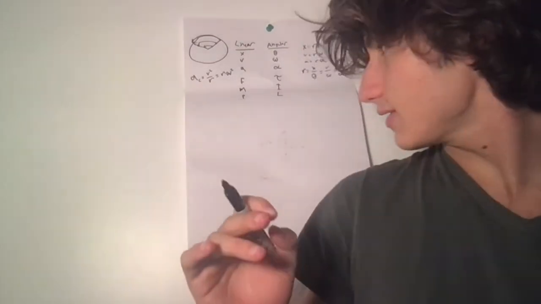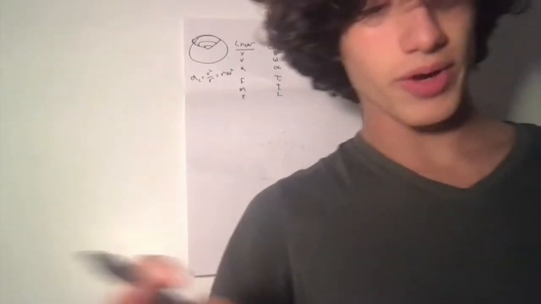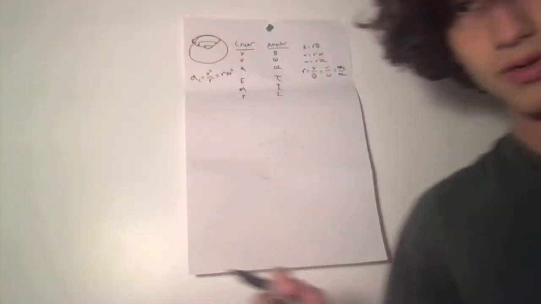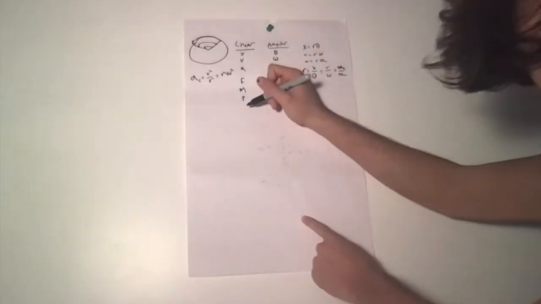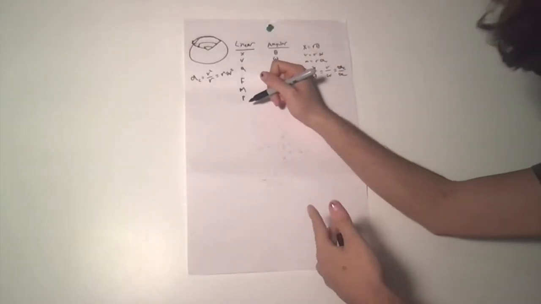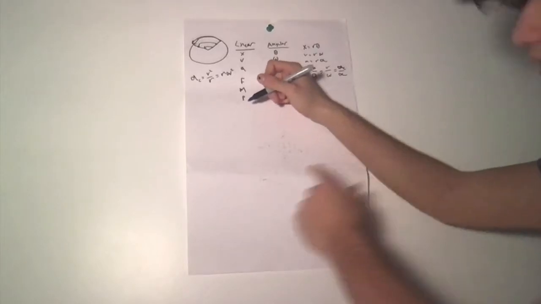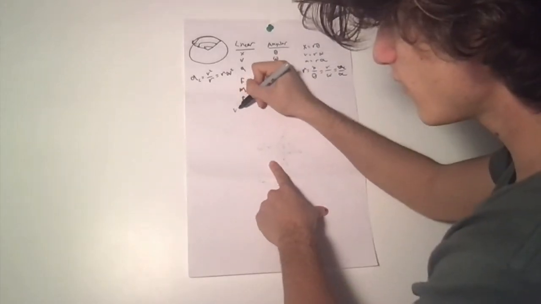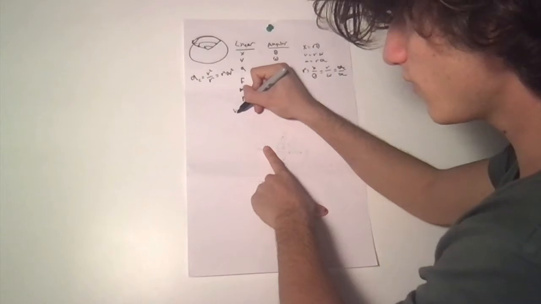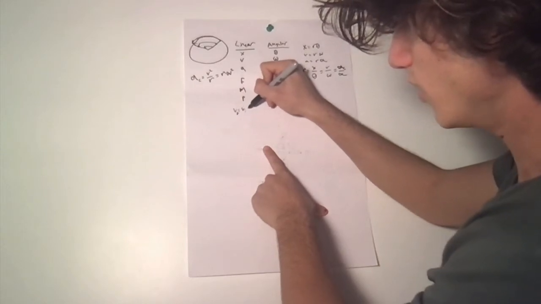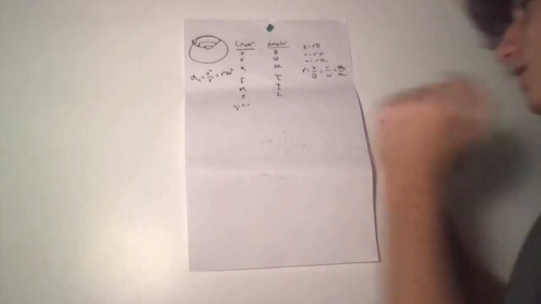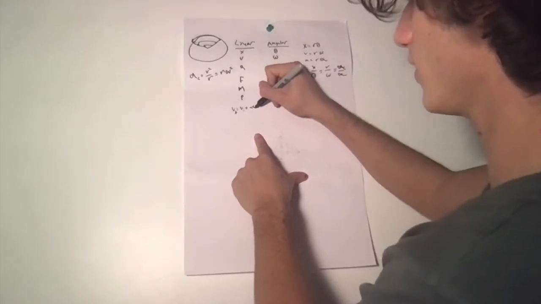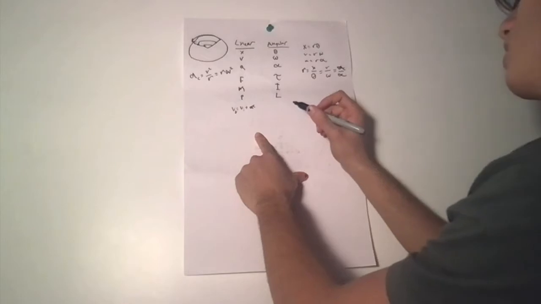So let's take this a step further and relate equations to one another. Let's start with our very simple kinematic equations. On the linear side, let's start with our first one: v final is equal to v initial plus acceleration times time. The most simple one.